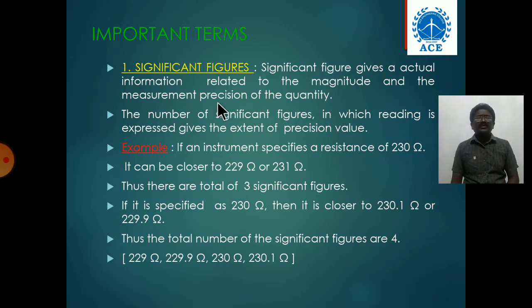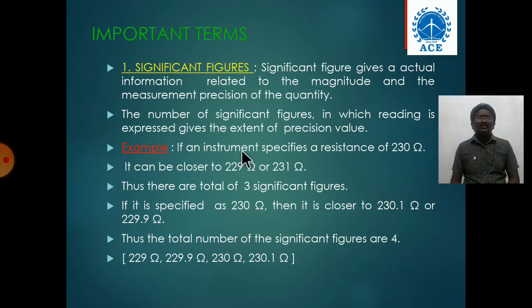Actually here precision means clearly defined and sharply, that is called the precision. So the number of significant figures in which a reading is expressed gives the extent of precision value.